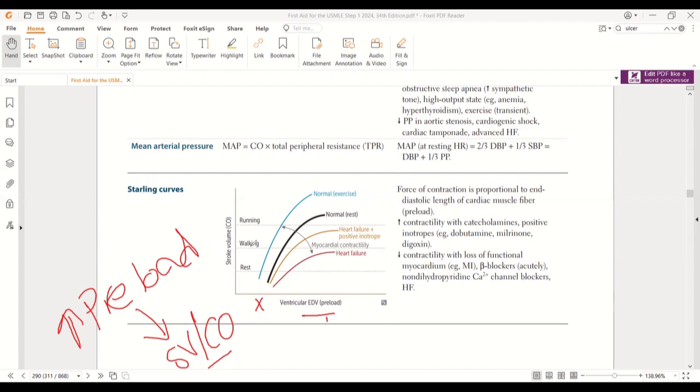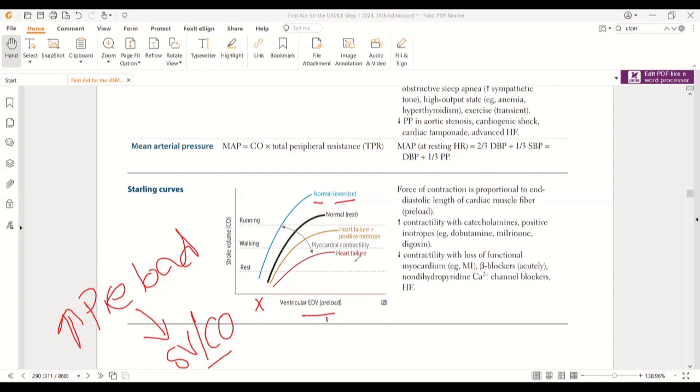The lower line shows the normal in exercise, and this is the normal relationship between preload and stroke volume at rest. What happens in heart failure? This relationship is impaired. So this is the heart failure relationship.